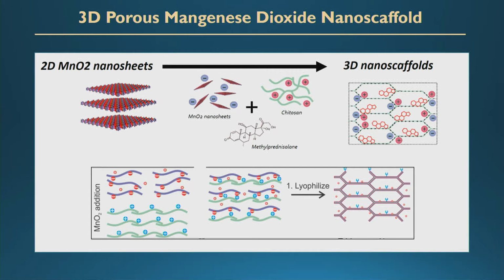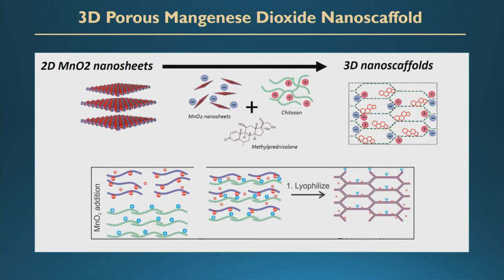Chitosan is a natural polymer derived from the exoskeletons of insects, and it's very widely used in tissue engineering. So this will cause these negatively charged nanosheets to form the three-dimensional structure.